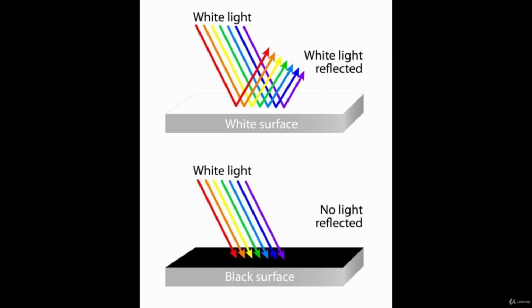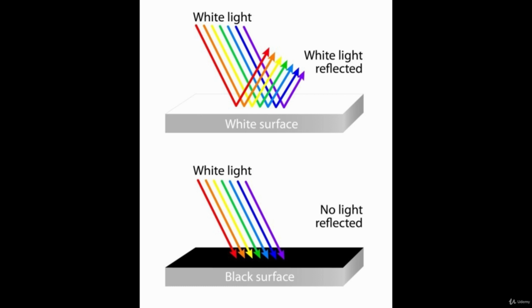The surface of an object determines which color gets reflected from the object. And that color ends up in our eyes and gets detected by the cones, which we talked about before, right? White light is all of the colors combined. So you can see that all the colors get reflected, and that is perceived by us as white light.